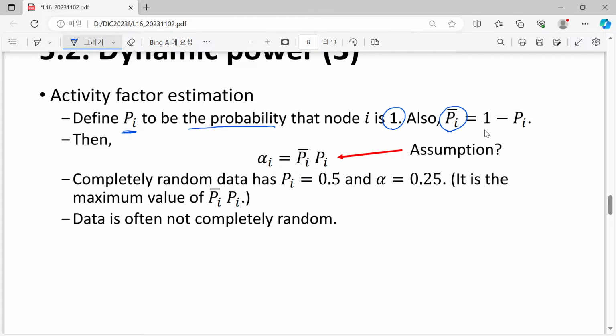So that is just 1 minus p. So it's quite easy. I mean that if p equals 0.3, then what is p bar? Obviously that will be 0.7. So there is no confusion.